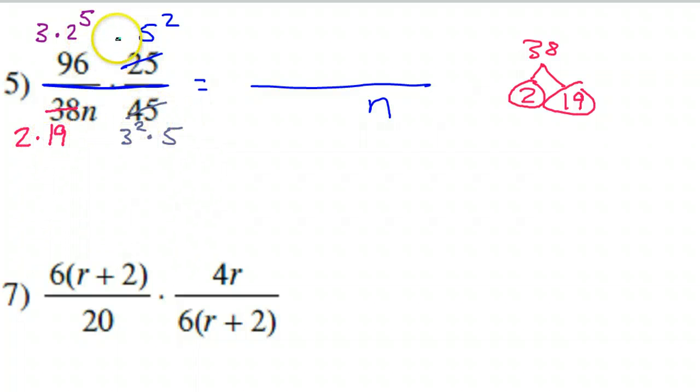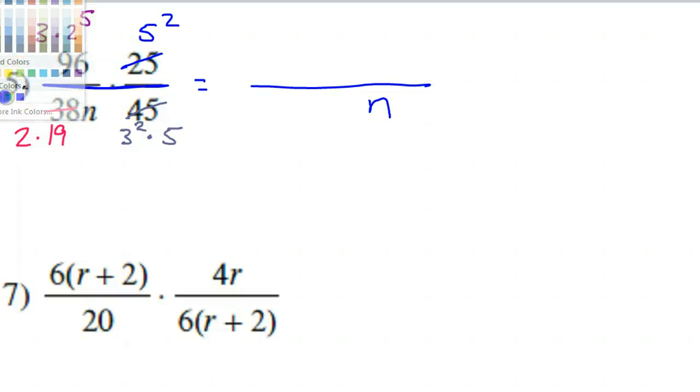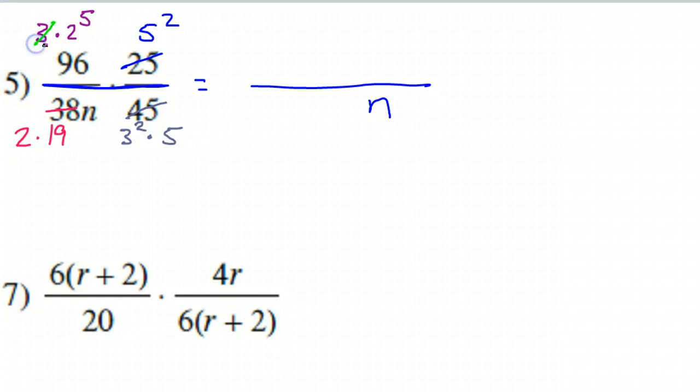So now we have the prime factorization, so it's time to look for factors that are the same in the numerator and the denominator. So for example, I see that we have 3's. I've got a 3 up here and I've got 2 3's down here. So I think I'll do this in phases.